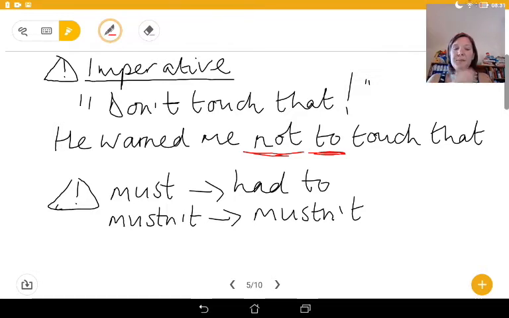Two other examples of maybe strange changes is that when we use must and we report it, we use had to, okay? Except when we're speaking about it in the negative form, when it remains mustn't, okay? So you mustn't touch that. She told me that I mustn't touch that, okay? With no change.